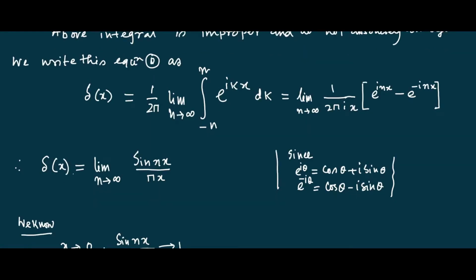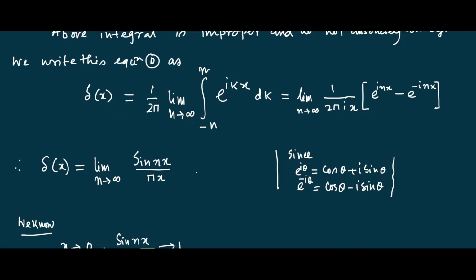So delta(x) equals the limit n tends to infinity of, basically, sin(nx) by pi x. If you know the e to the power i theta and e to the power minus i theta rules, and you subtract these, you get sin nx, with the 2 and i going out, leaving pi x.